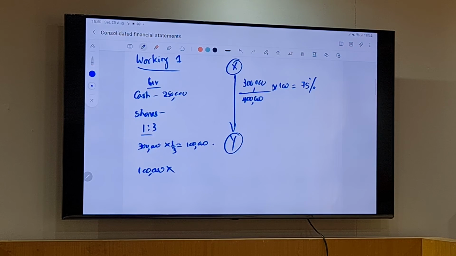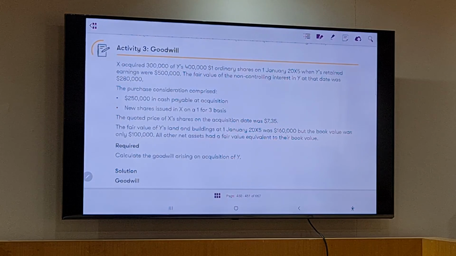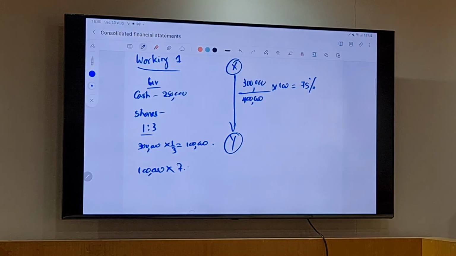So, 100,000 into 7.35. So, this share capital how much? Share premium how much? 100,000 shares, share capital; share premium 635.